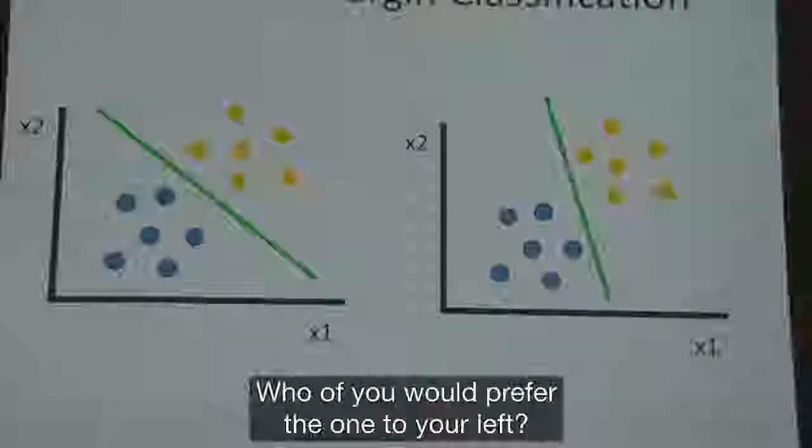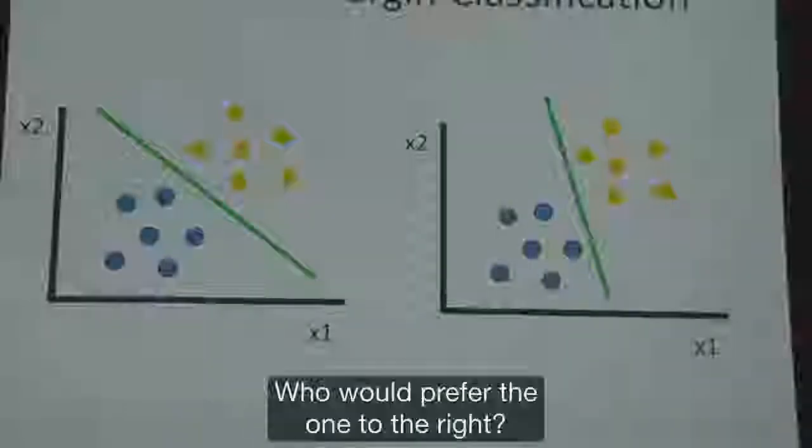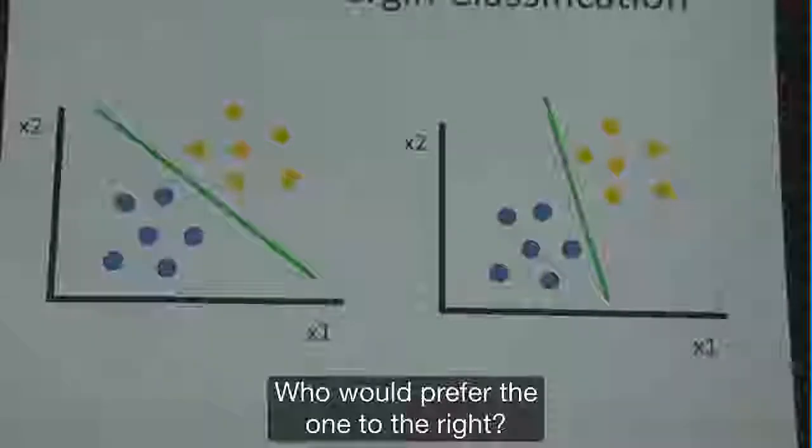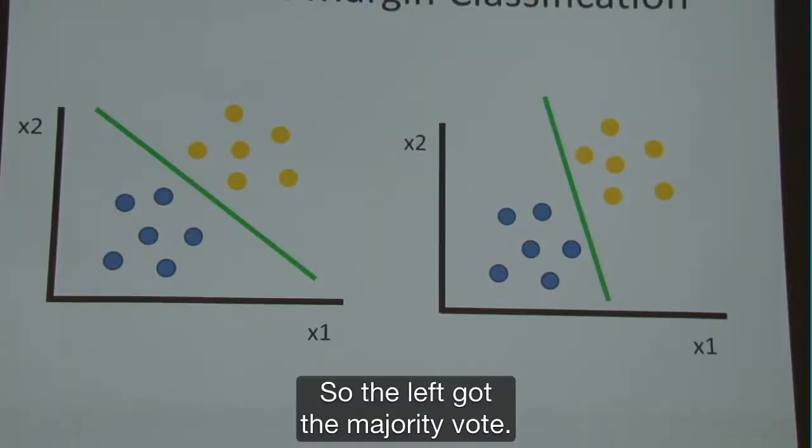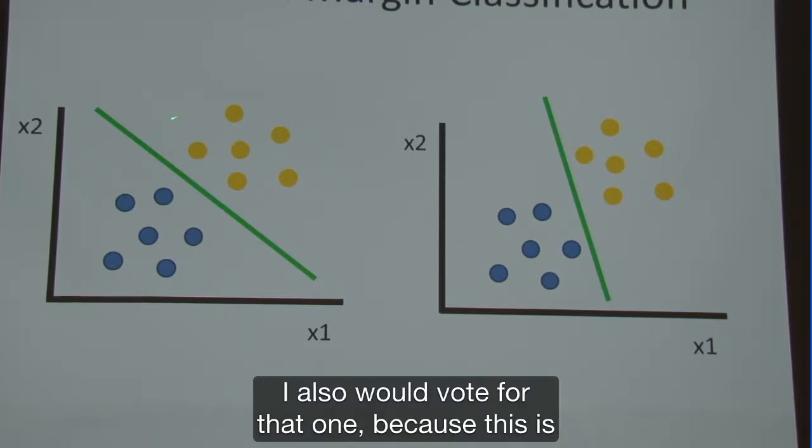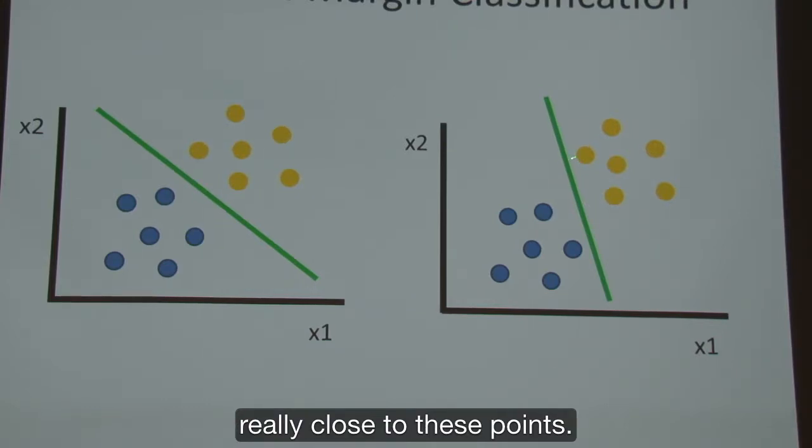Now, who of you would prefer the one to your left? Who would prefer the one to the right? Yeah, the left got the majority vote. I also would vote for that one, because the other is really close to these points.